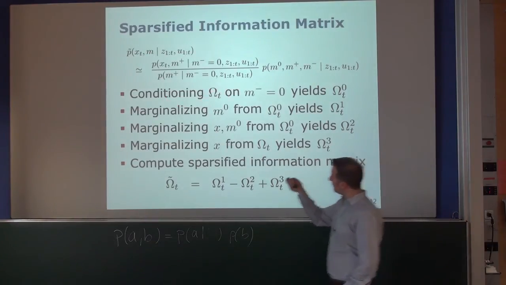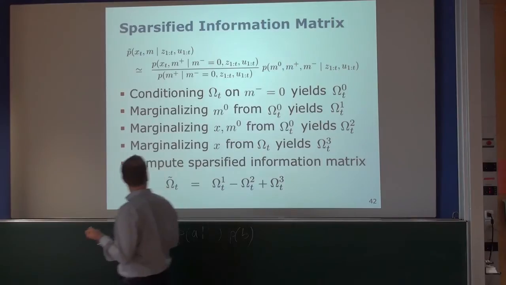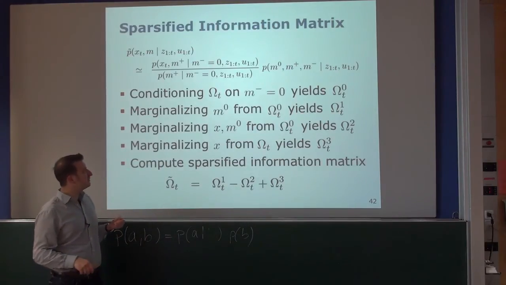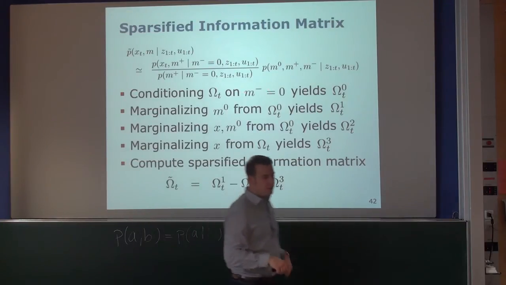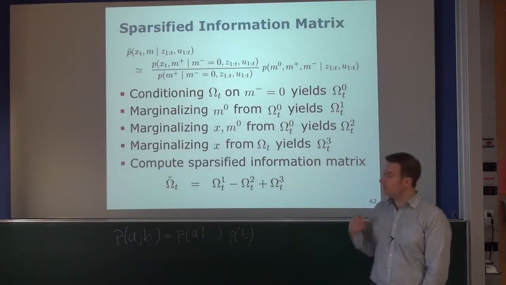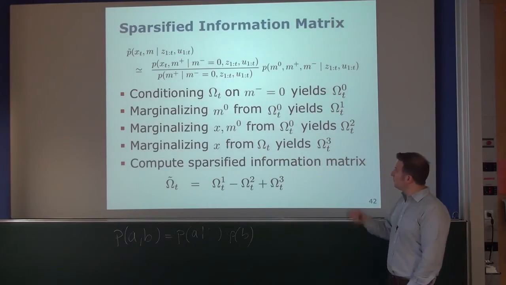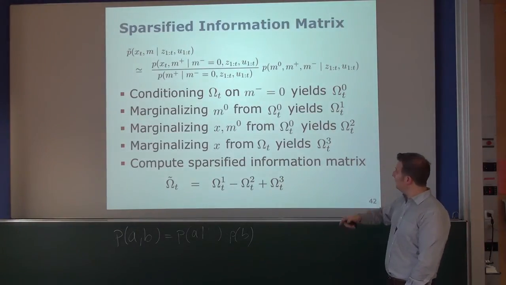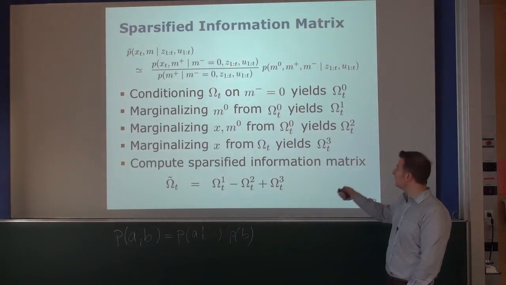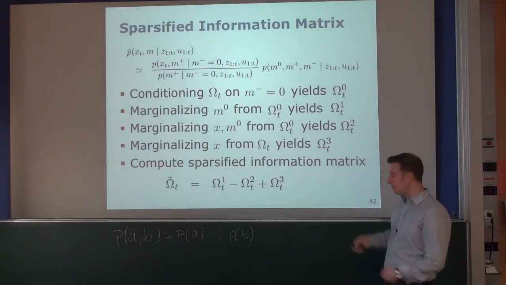So the first thing I do is take my original information matrix, the one I had before, and condition it on m minus equals 0. This gives me a new information matrix, which is the belief P of xt, m plus, m0 given m minus equals 0. This is what happens over here.